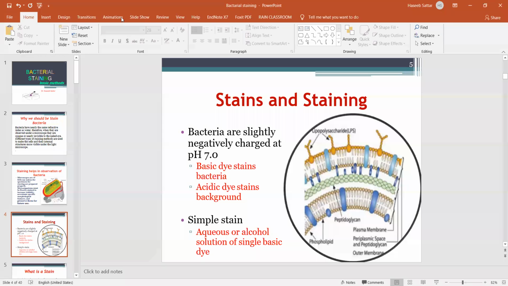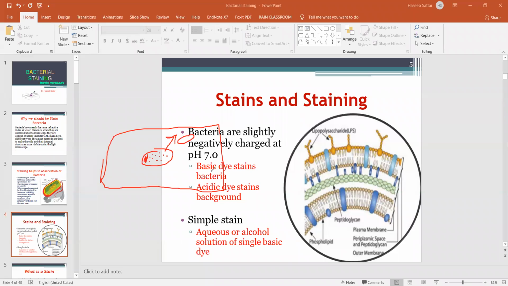Let's suppose here on a slide we have bacteria. Although you have done the staining and colored the bacteria, you still need some background color, because the background staining will enhance the color of the bacteria as well as its structure.